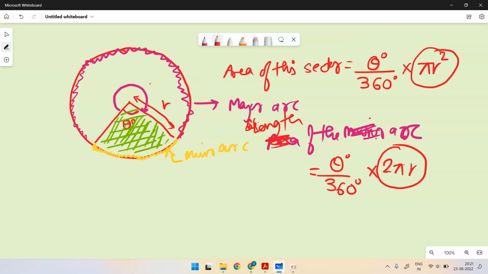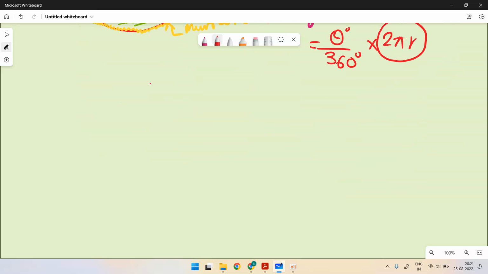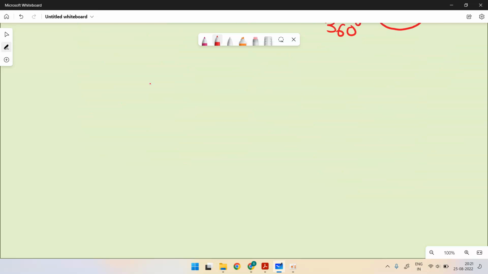The length of this arc will be theta by 360 into 2 pi r, where 2 pi r is the circumference of the complete circle. So it is a fraction of the circumference.